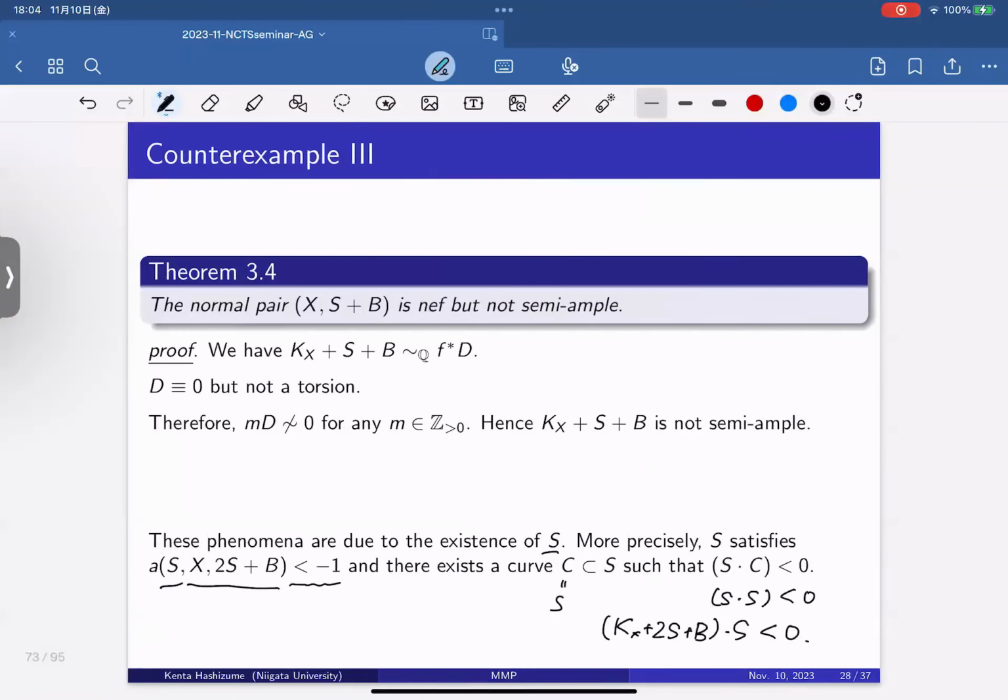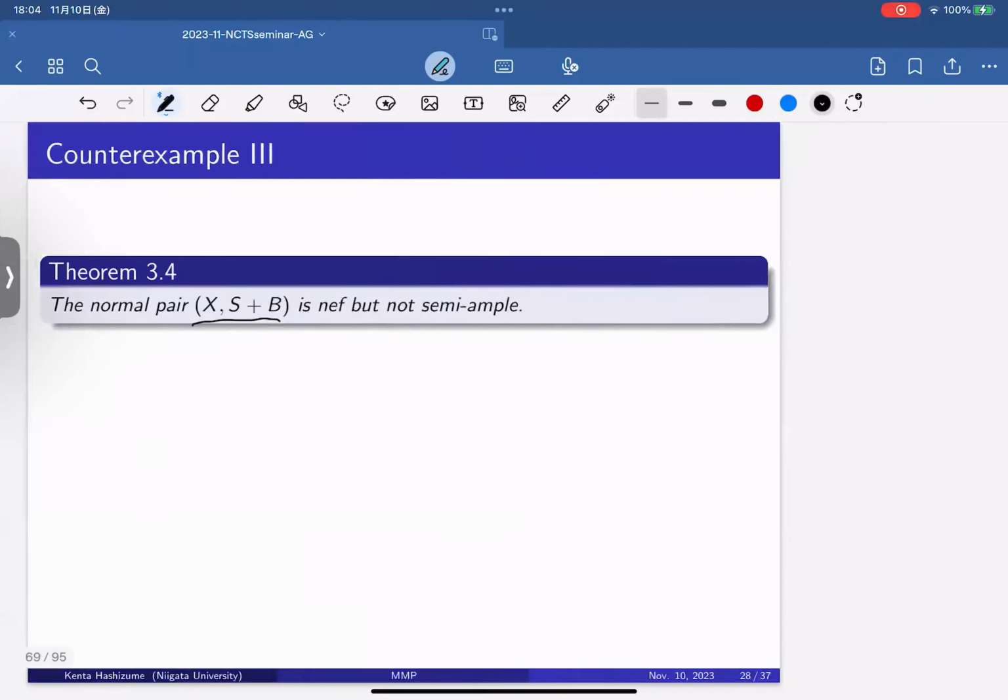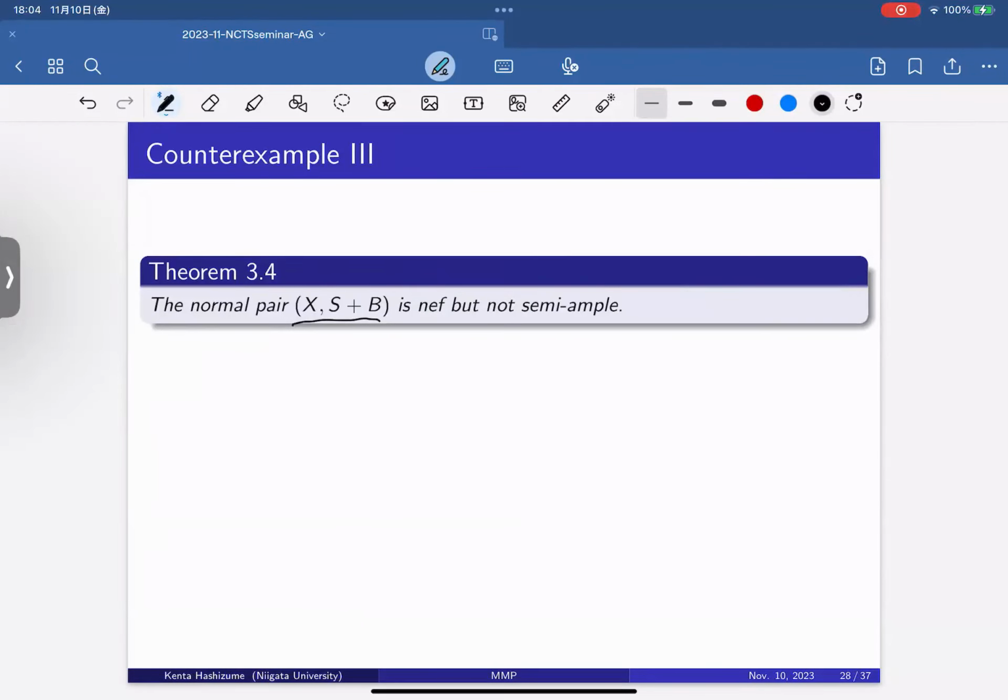But in the log canonical case, it is very difficult to change the boundary part because the LC property is very delicate to deal with.